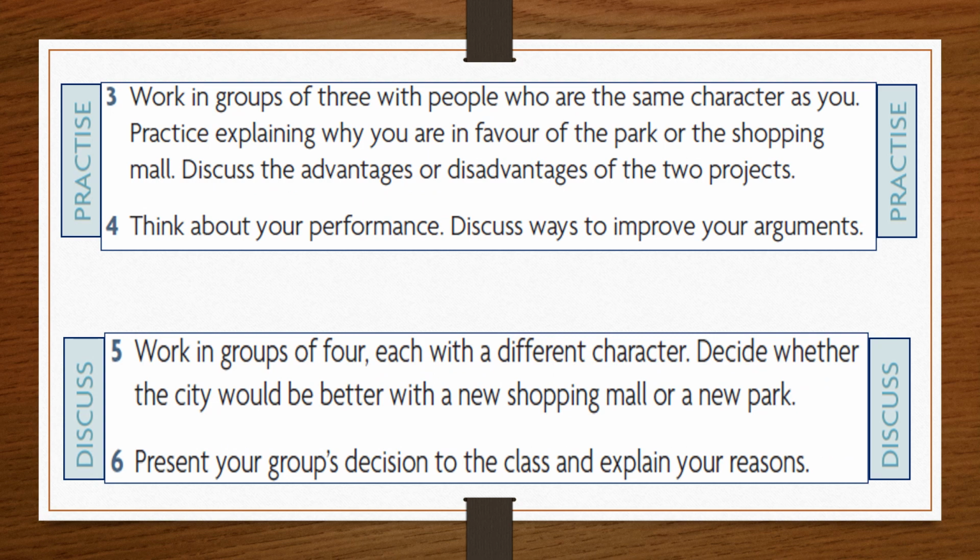Then you need to do some practice. Do some practice with persons who are with you in the same character. For example, student A, it looks like he needs a park for his children. Student B, it looks like he does not need a shopping center.